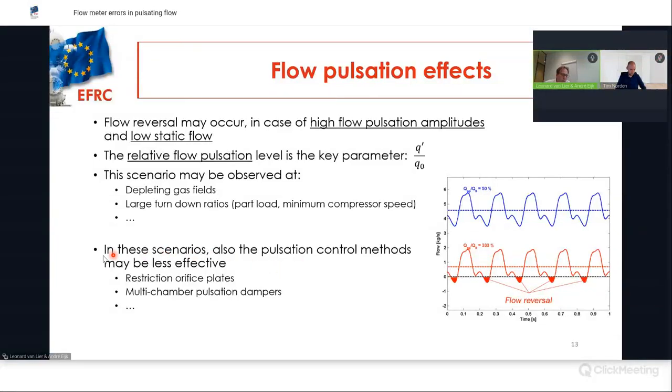For example, restriction orifice plates will be effective at large flow because they give a significant pressure loss. But at very low flow, they will not give a pressure loss and they will not be very effective to dampen pulsations. So the combination of these two effects, low mean flow and high pulsating flow, that's the bad situation you try to avoid as much as possible.